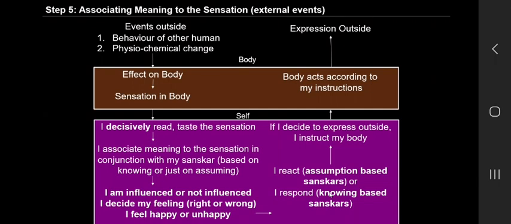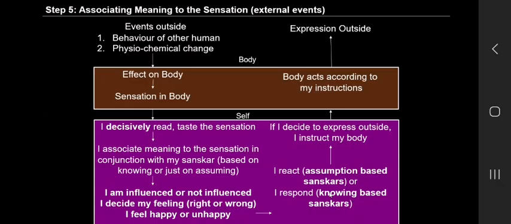So what is happening at the level of the body? His words reach your ear. Due to that, there is a sensation in the body. Sensation means some physiochemical change in the body. So it has some effect on your body.